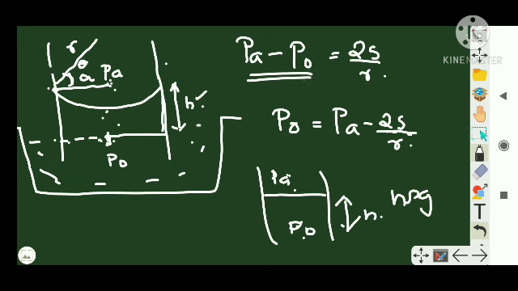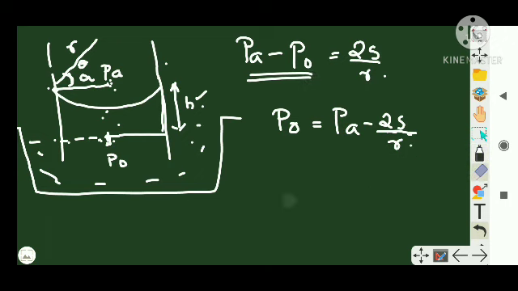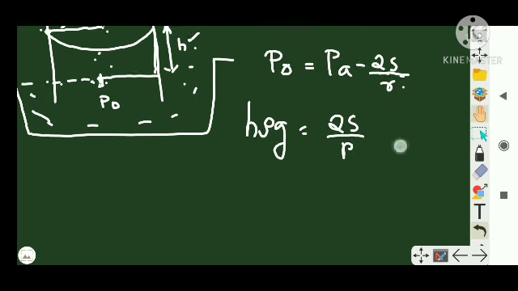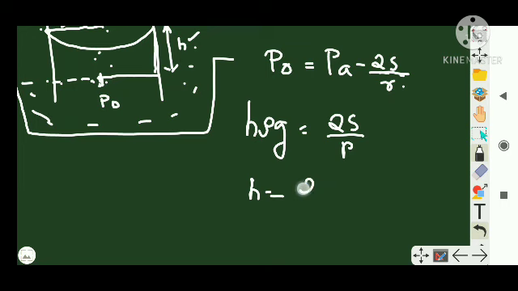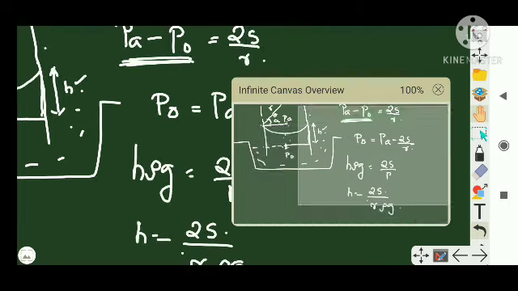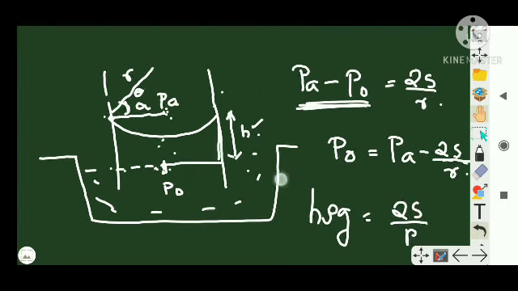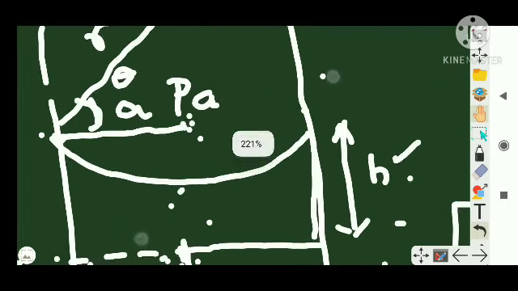So we can substitute it here also, because I want to make you understand why it is rising. So PA minus P naught, which you have learned as h rho g, is equal to 2S by R. Then from here I can write h is equal to 2S by R rho g. Now I can write this R in terms of the capillary tube, because we are talking about capillary. So let us just enlarge this figure.